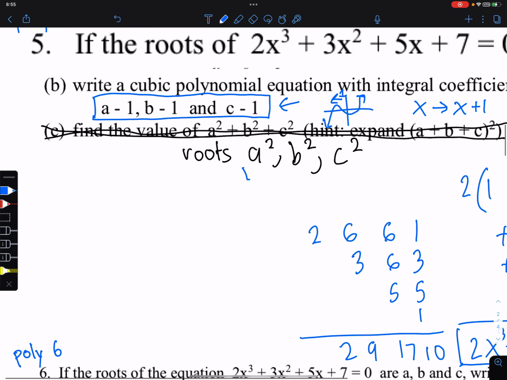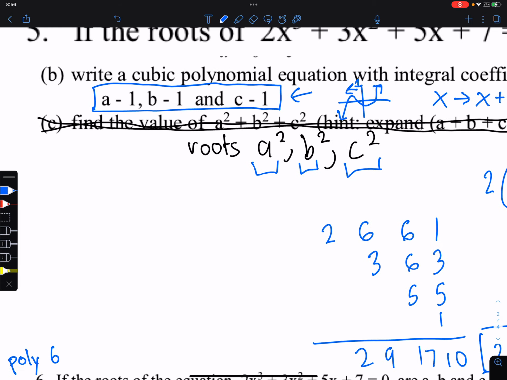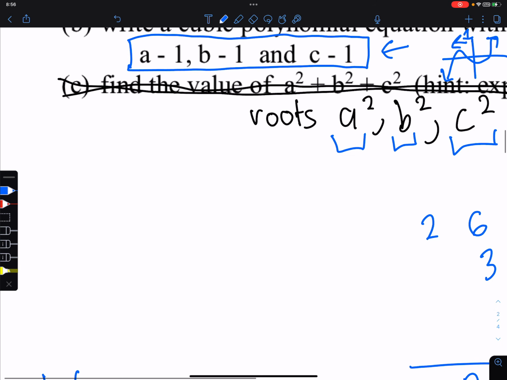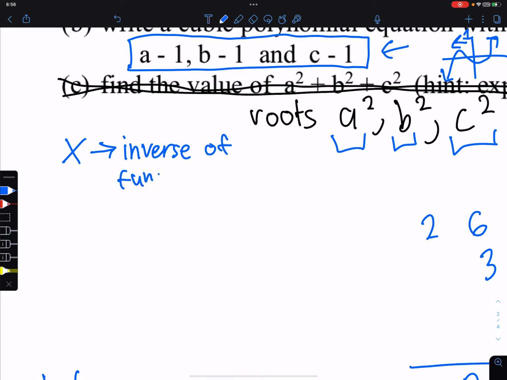Now, if we have roots a squared, b squared, and c squared, this is a bit more complex, right? As this is not just one translation. But really, what we do for x is we make x go to the inverse of the function happening to the roots, okay?